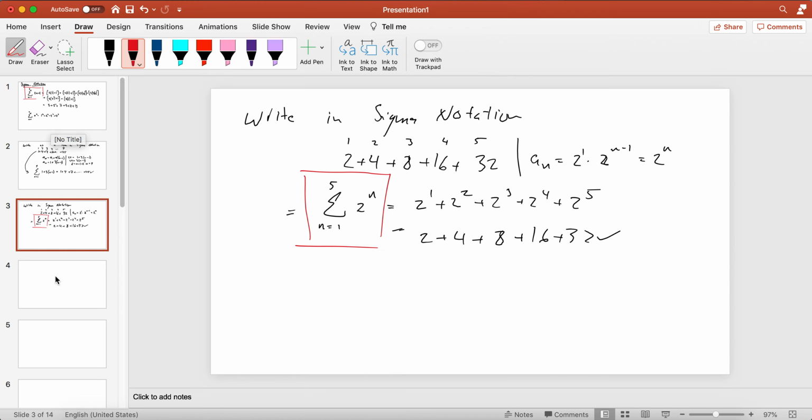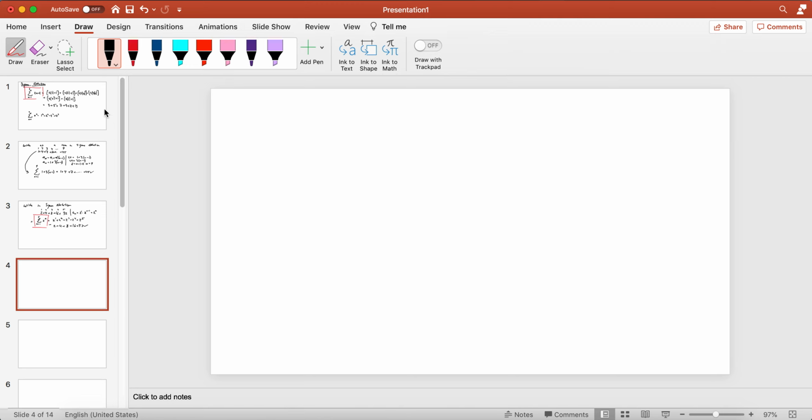So let me go here. Okay, so consider this. Write in sigma notation: 40 plus 30 plus 20 plus 10 plus 0 plus minus 10 plus all the way down to negative 150.